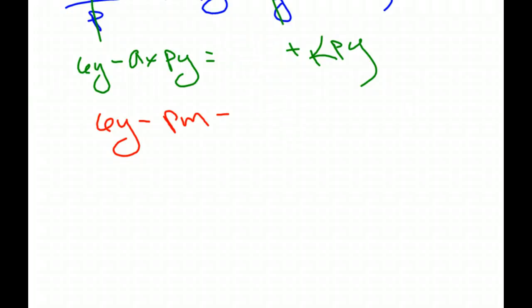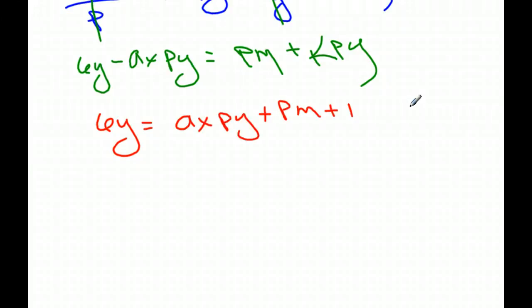It's staying where it's at. Sorry. That'll stay there. All right, so 6y equals axpy plus pm plus kpy. Now what? Going to factor a p out.